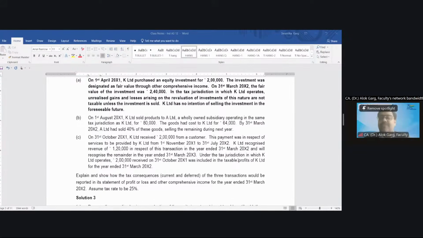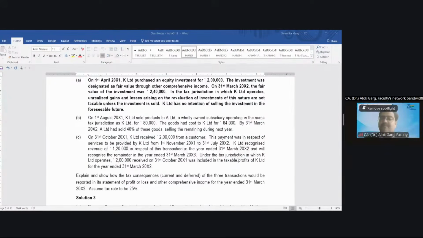In this case, when the parent had sold goods at 80,000 and the cost was 64,000, what profit was made? 16,000. And the current tax rate is 25%.